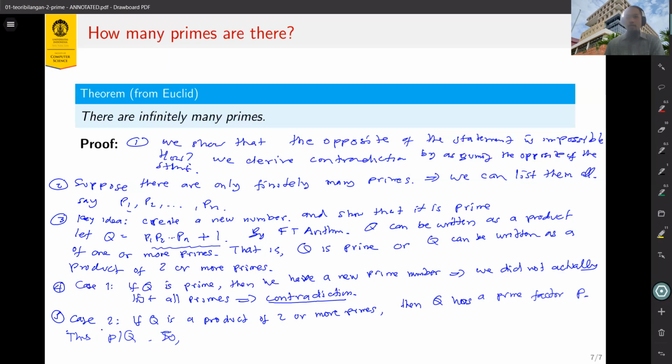So if P divides Q, then P must divide Q minus P1 up to Pn.